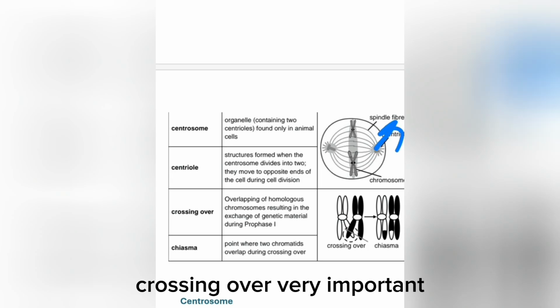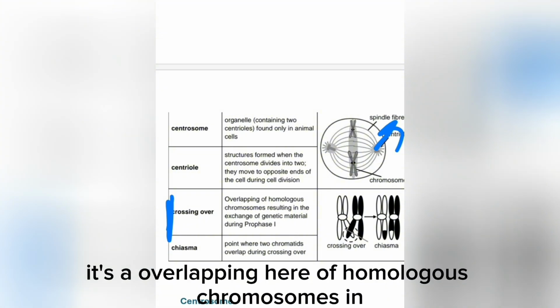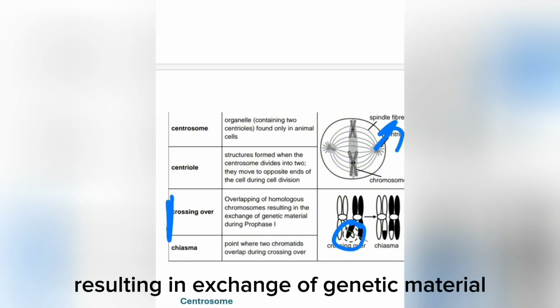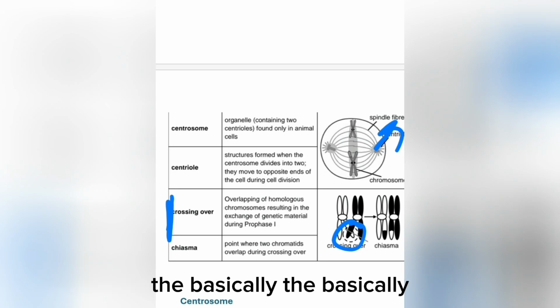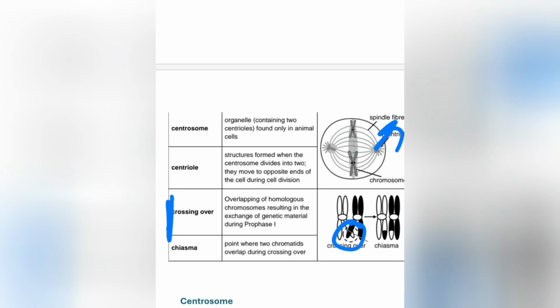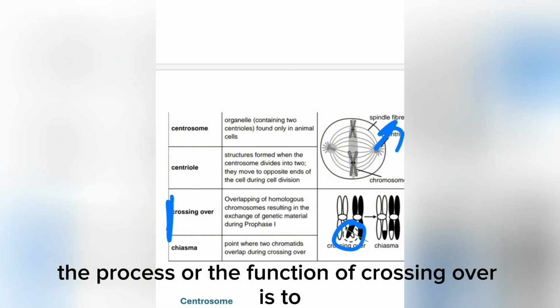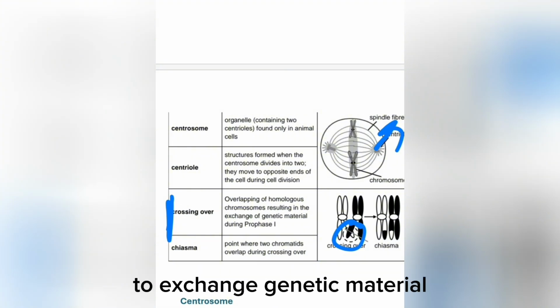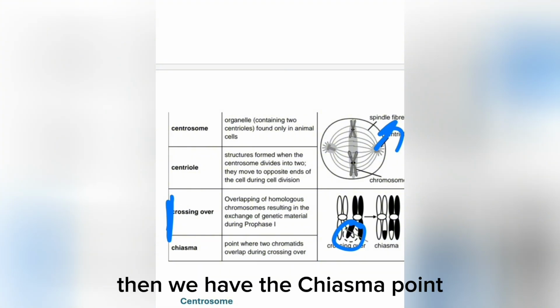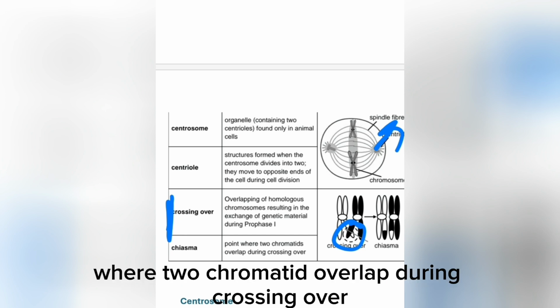Alright. Crossing over, very important, is the overlapping of homologous chromosomes resulting in exchange of genetic material. So the function of crossing over is to exchange genetic material. Then we have the chiasma, the point where 2 chromatids overlap during crossing over.